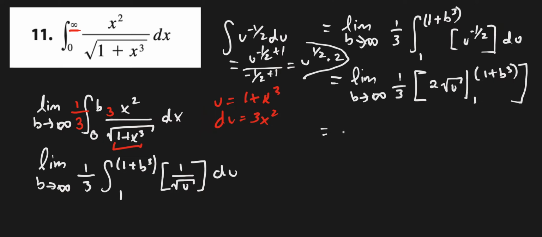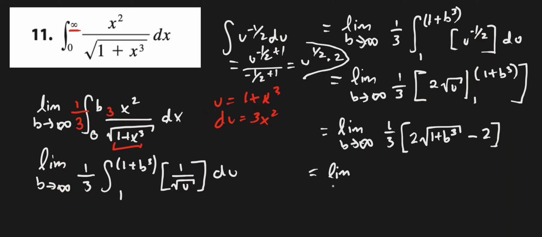Okay, so this is equal to the limit as b approaches infinity. So this is 1/3 times 2 root of 1 plus b cubed, minus 2 root 1, which is just 2.